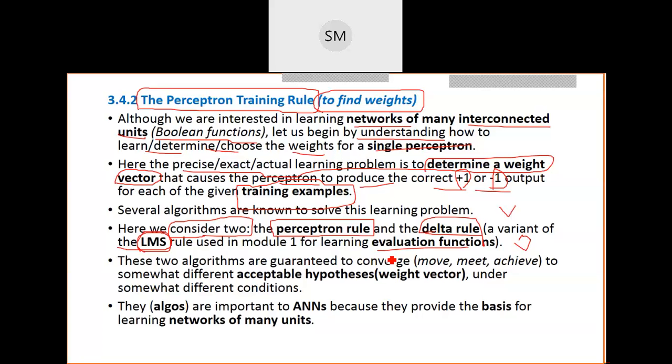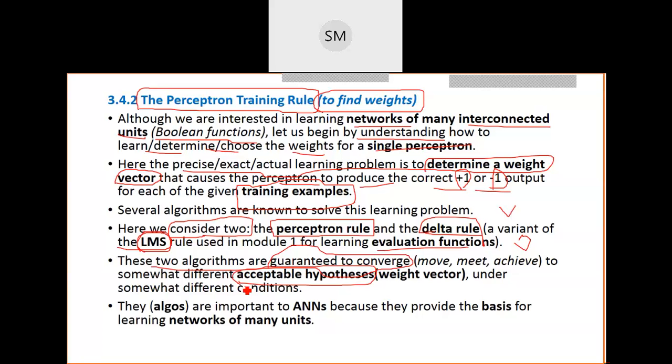These two algorithms are very important for your exam, and they give us a guarantee: that they are converging. It means they will reach an acceptable, correct and suitable hypothesis as output.